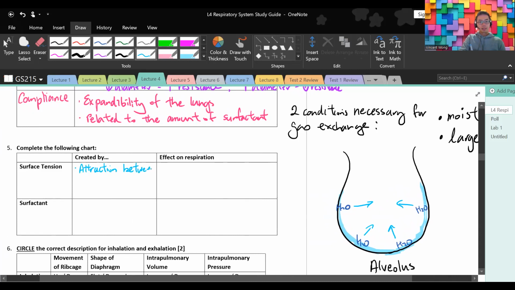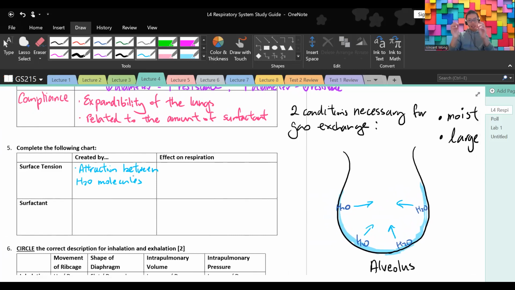So that is created by the attraction between water molecules. Okay. Remember, the oxygen is slightly negative and the hydrogen is slightly positive. So they act like tiny magnets that are attracted to each other, right? So that means if that's the only force that's present in the alveolus, then it's going to create a force that pulls the alveoli together, right?